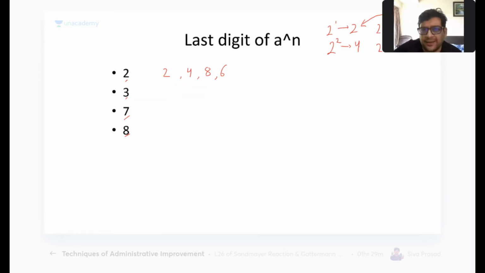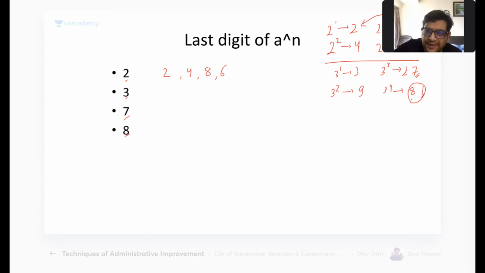Let me try and do the same logic for 3. So 3 to the power 1 is 3. 3 square is 9, so it ends in 9. 3 cube is 27, so it ends in 7. 3 to the power 4 is 81, so it ends in 1. 81 into 3 will be 243.